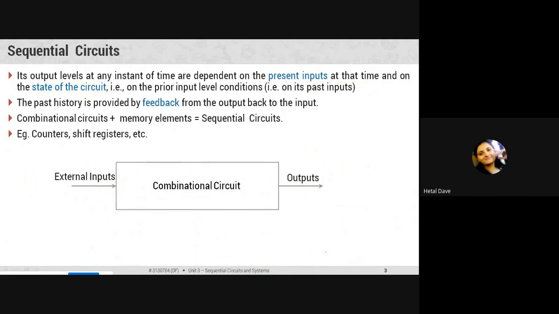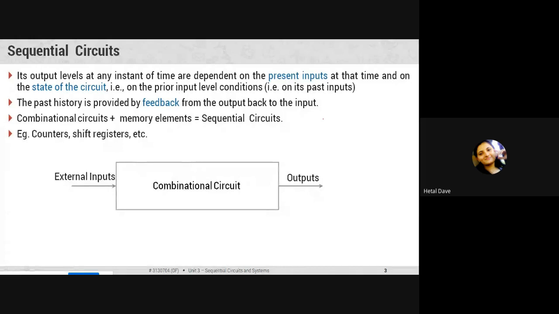What is the meaning? Output depends only on external input. This is the meaning of this figure, the block diagram of a combinational circuit, which is learned in the second chapter. Okay. Now the sequential circuit. Over here the definition is given. What is a sequential circuit?